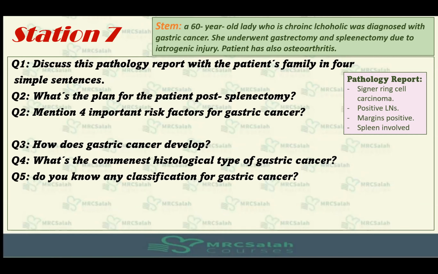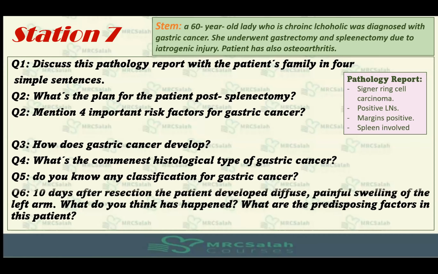For Lauren, it's classified into two types: intestinal, which has a good prognosis, and diffuse, which has a bad prognosis. That's great. And finally, we have the Borrmann classification, which is the macroscopic appearance. Yes, it's fungating, polypoid, and diffuse infiltrating, and ulcerating.